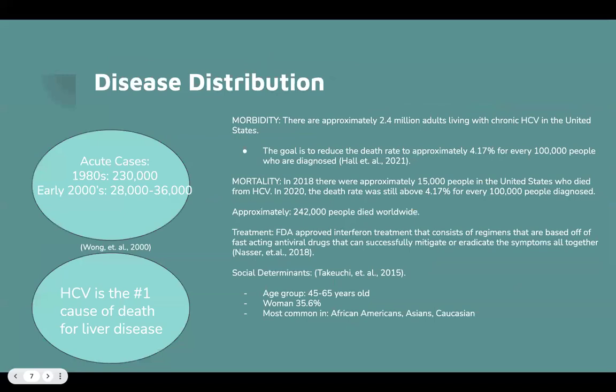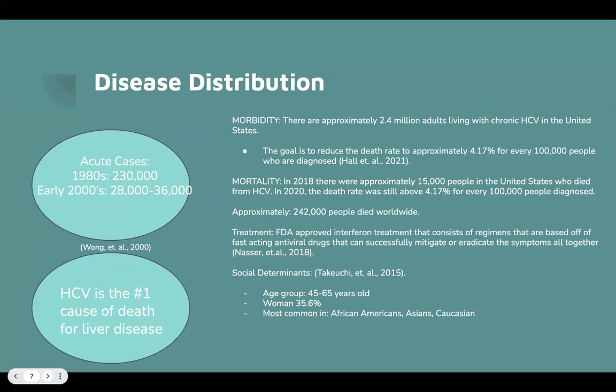So then going into disease distribution, acute and chronic cases are both common for HCV. Some acute cases don't end up developing into chronic, but most of them do.